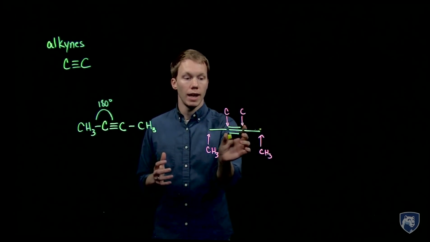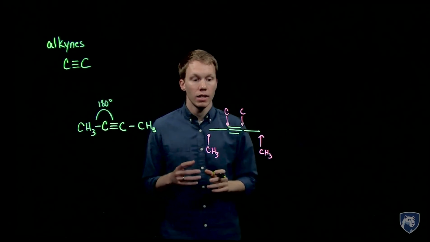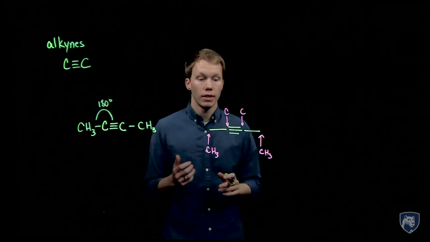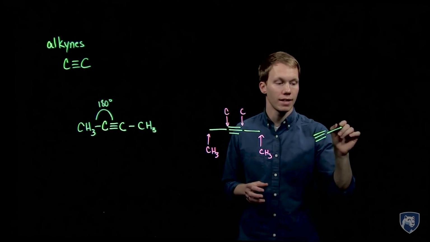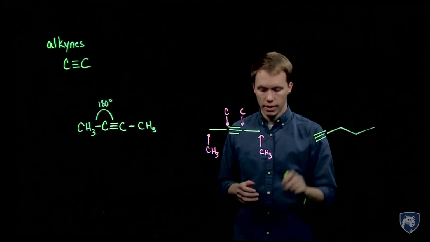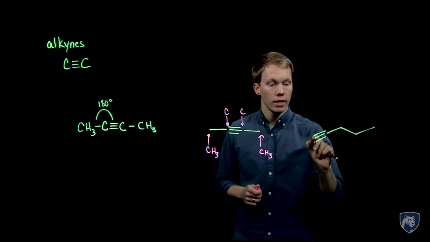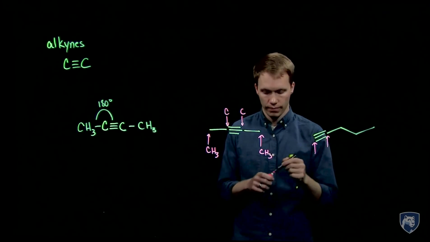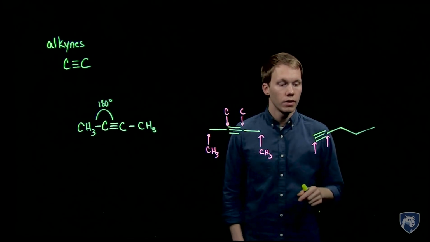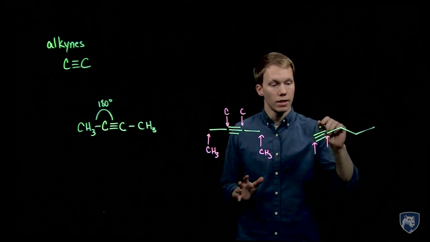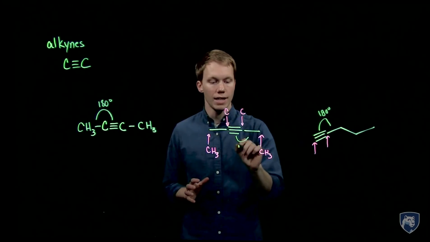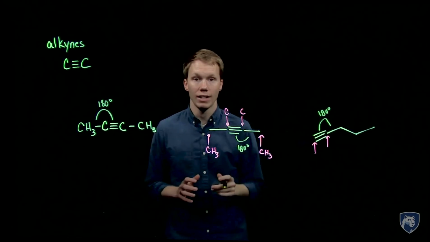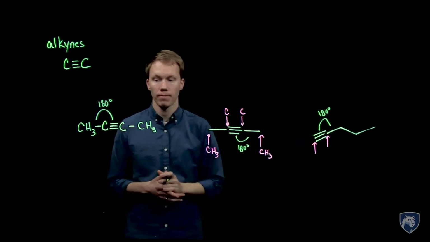This would be an alkyne that is in the chain, an interior alkyne, and we could have a terminal alkyne that's at the end of the chain. So there is a carbon atom here and here. Okay? So keep in mind that we draw this to reflect the 180 degree bond angles of that alkyne.